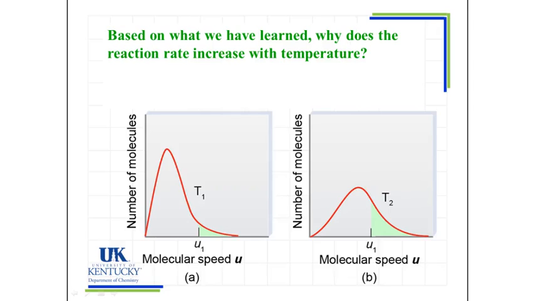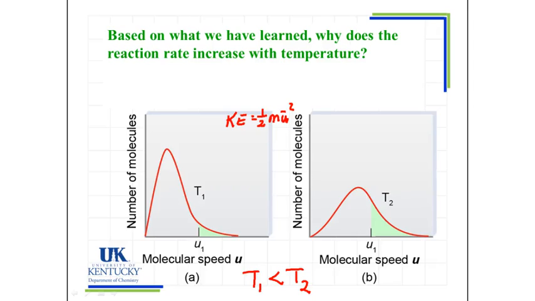Well, I've got two diagrams here, and temperature 1 is less than temperature 2. So the right-hand diagram is a higher temperature. And this is a Maxwell-Boltzmann distribution of the number of molecules that have a certain speed. And let's say we know that the average kinetic energy is equal to 1/2 mass times the average speed squared, okay?